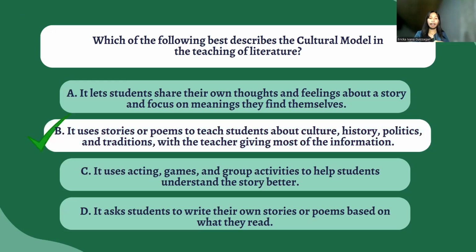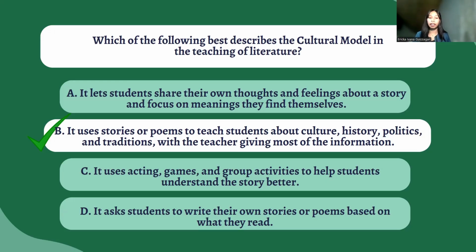Okay, so the correct answer is letter B, because the cultural model is all about using literature to teach students facts about history, culture, and society. In this model, the teacher, or we, the teachers, will give most of the information, and the students will learn how the stories show the beliefs and values of different times and places.